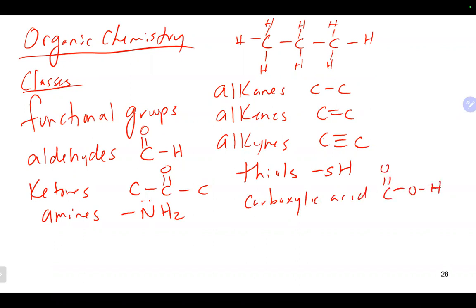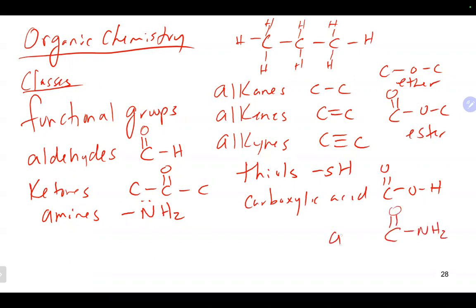And obviously a few others that I didn't write down, like our ethers. We also have esters, which look like this. And I think I almost got them all there. I might as well throw them up here. There we go. Do this guy, which is in the middle.